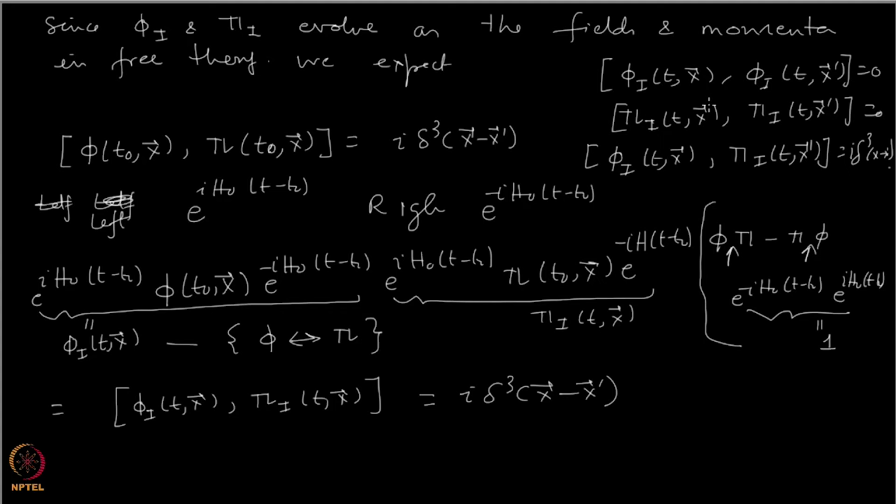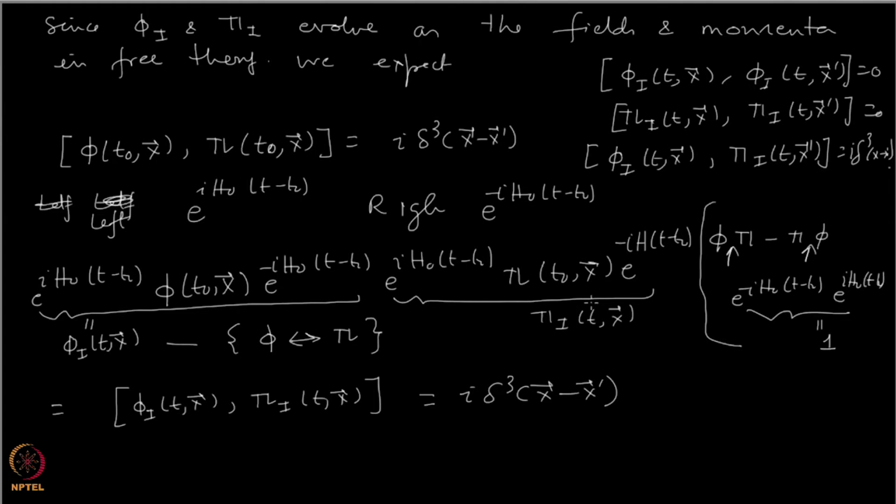We will be able to define a vacuum which is annihilated by A's and A daggers. We will be able to introduce them, because our fields are behaving like free fields, and the entire machinery that was developed in the case of free field theory can be used here, provided we can express everything in terms of phi I's and pi I's. If we can do so, then we can get some answers.